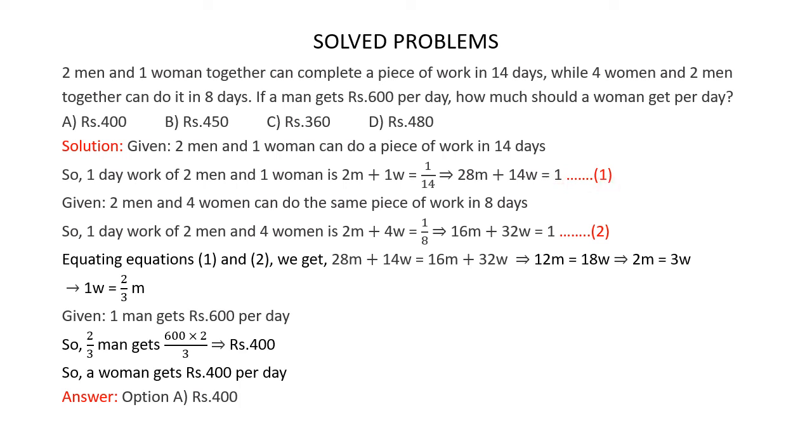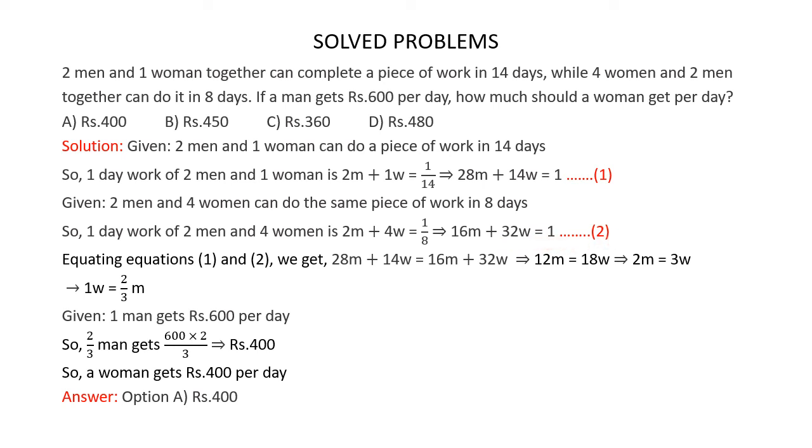Now it's given that 2 men and 4 women can do the same piece of work in 8 days. So 1 day work of 2 men and 4 women is 2m plus 4w is equal to 1 by 8. On cross multiplication, we get 16m plus 32w is equal to 1. This is the second equation.